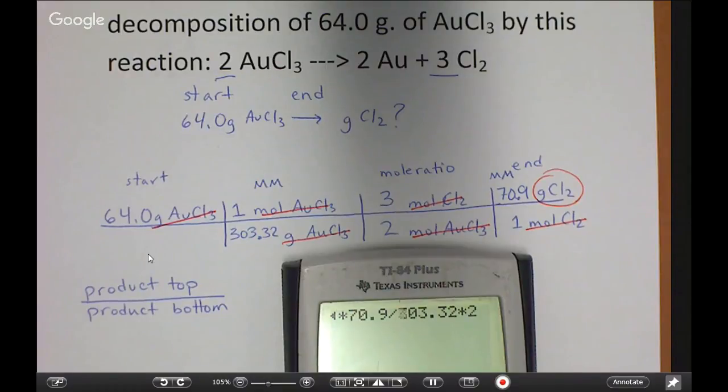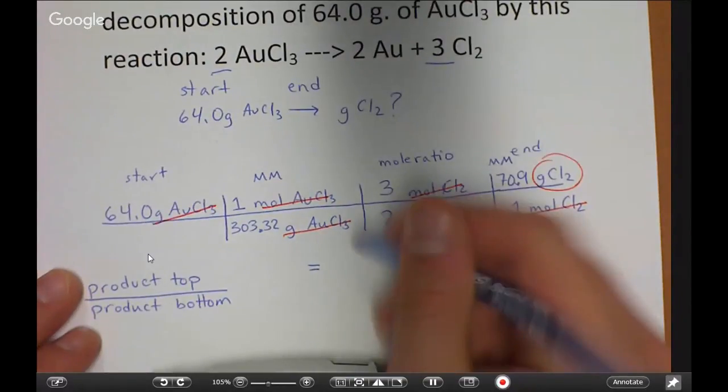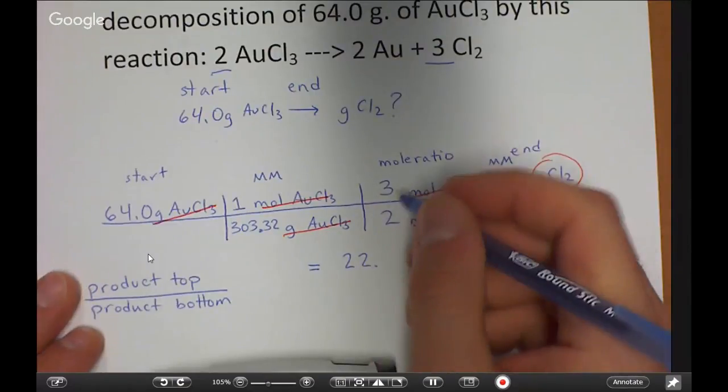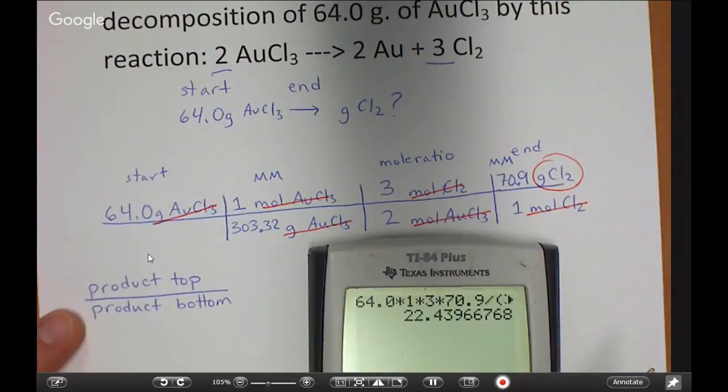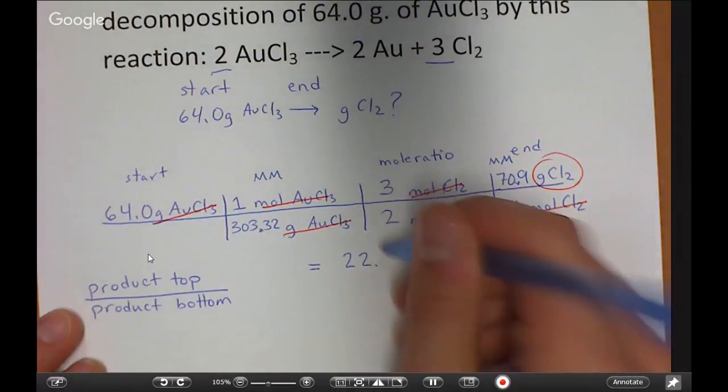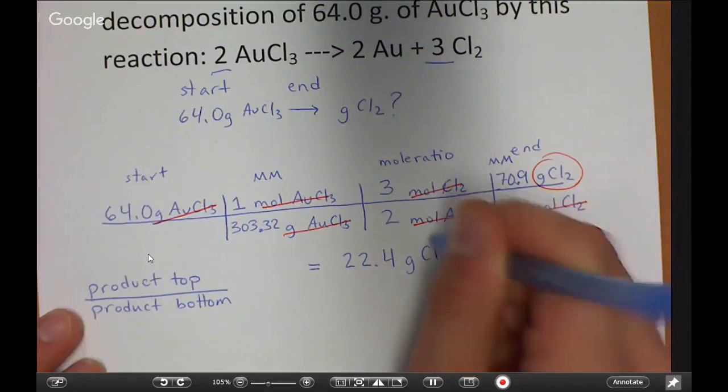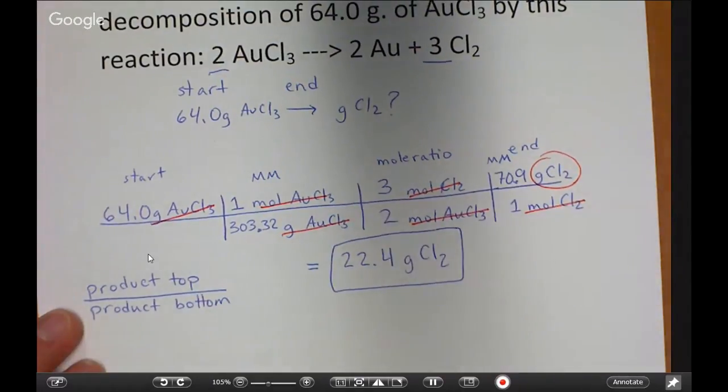So make sure that your denominator is in parentheses. There we go. Enter. The result that we get is 22.4 and some change. If we record with significant figures, we want to record 22.4 grams Cl2. And that is our final answer for this problem.